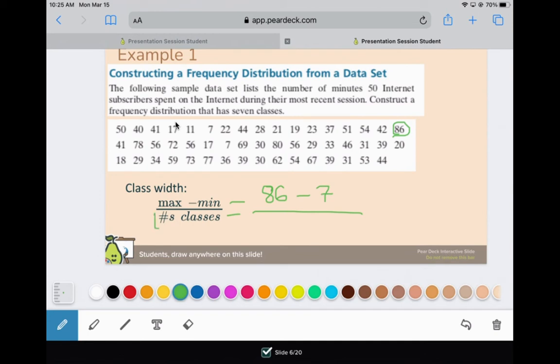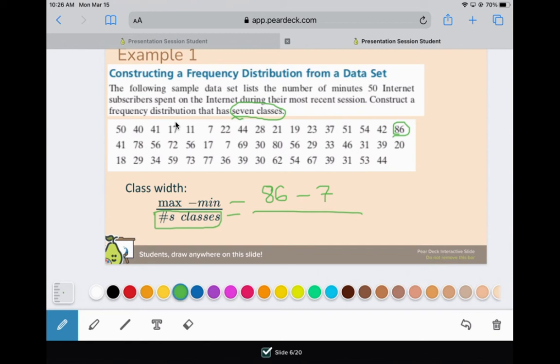We're going to divide by the number of classes. In here, this is where we go back to the instruction, because they want you to have 7 classes. Emily, Oscar, yes, the lowest number is 7. That's correct.